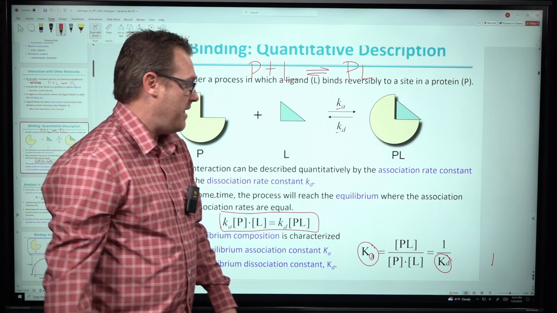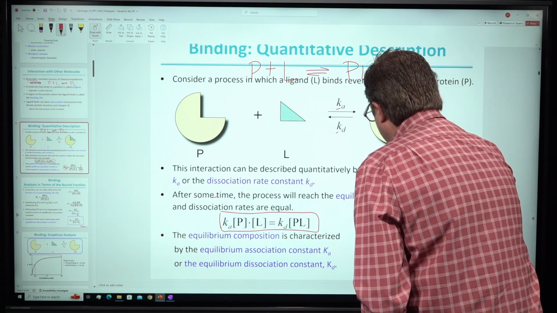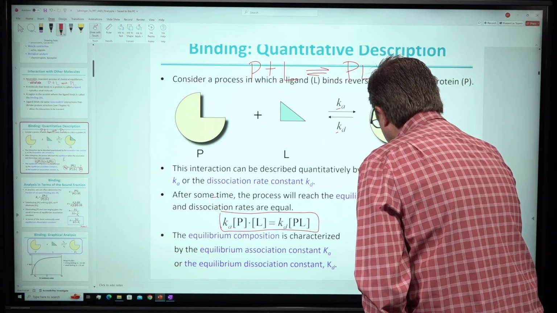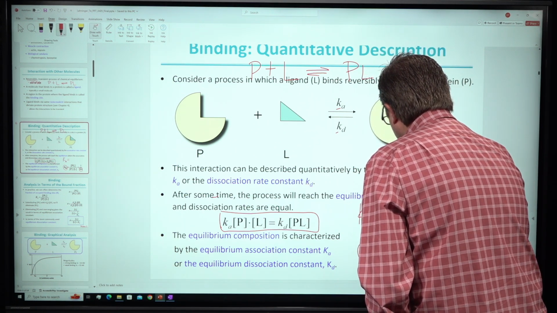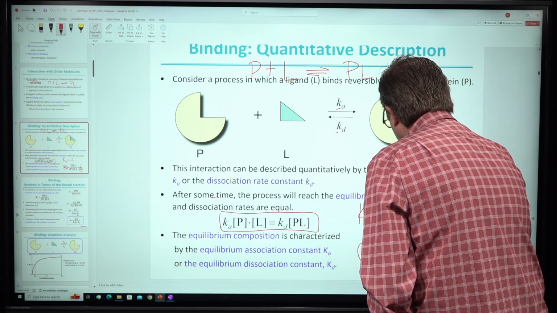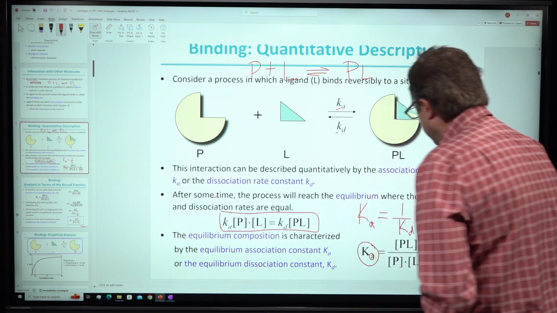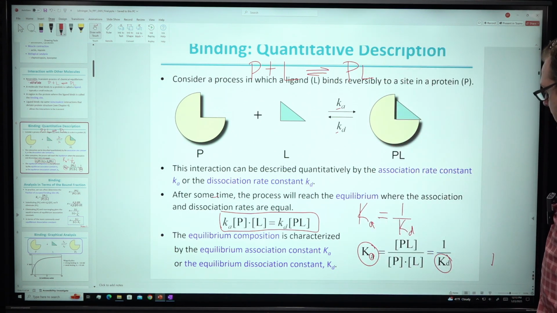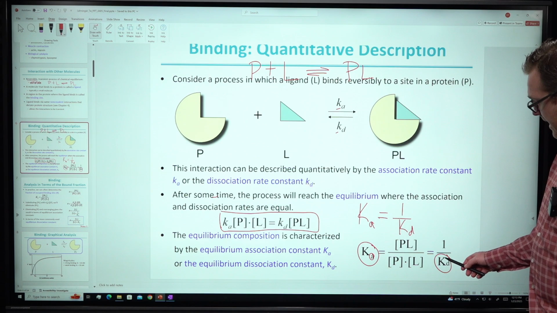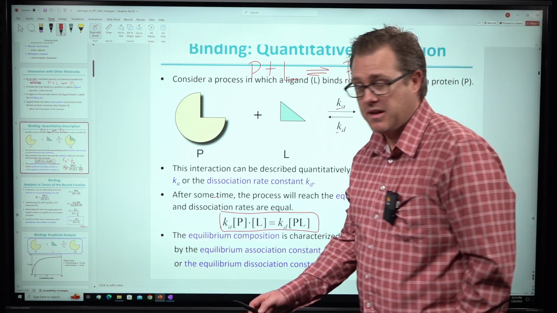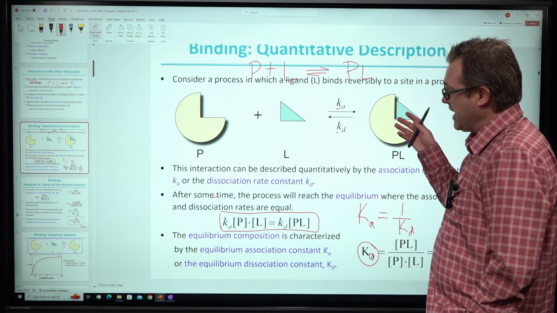And then you can see the relationship that Ka is inversely related to Kd. And capital K sub D simply means, what is the dissociation?